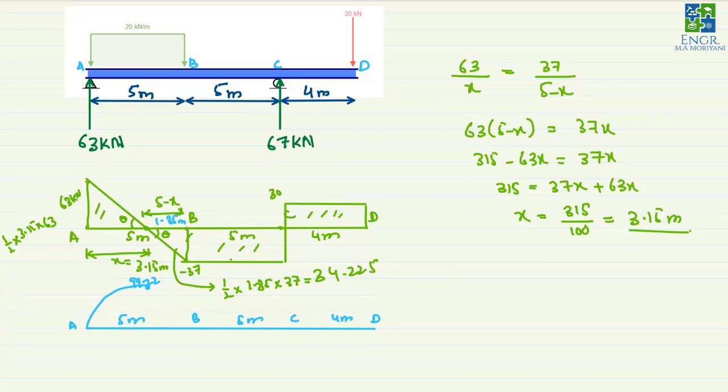So from this distance of 3.15 meter to this B point, there should be a difference of 34.225, and this should be negative because this area is negative. So we will subtract 34.225 from 99.22. This gave us the value of 64.995, which is equal to 65.